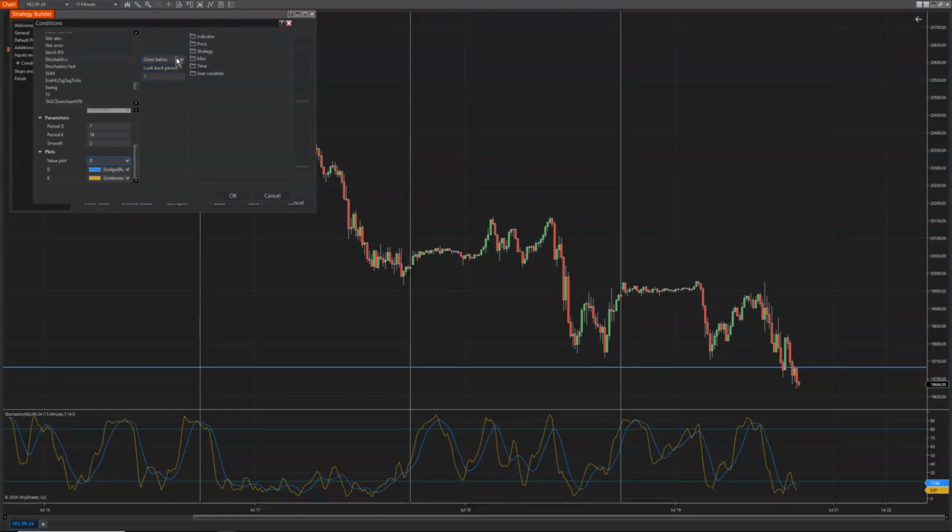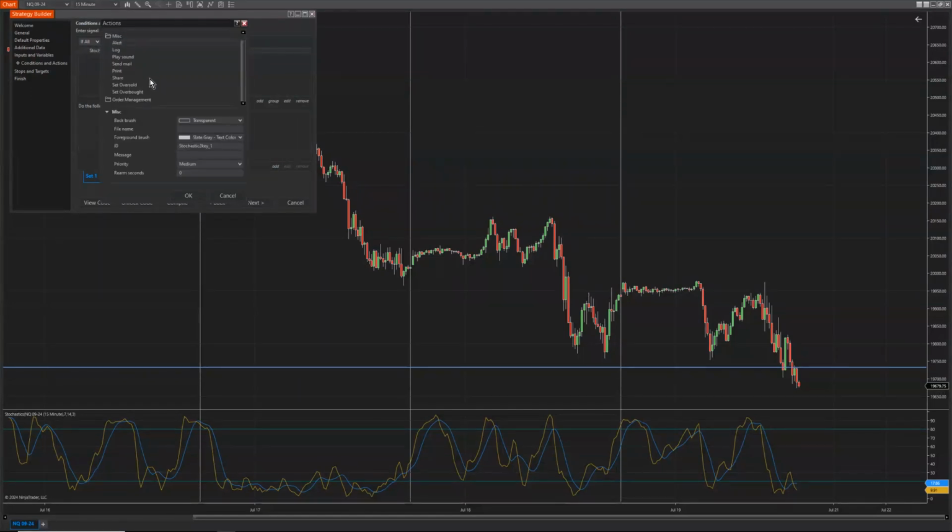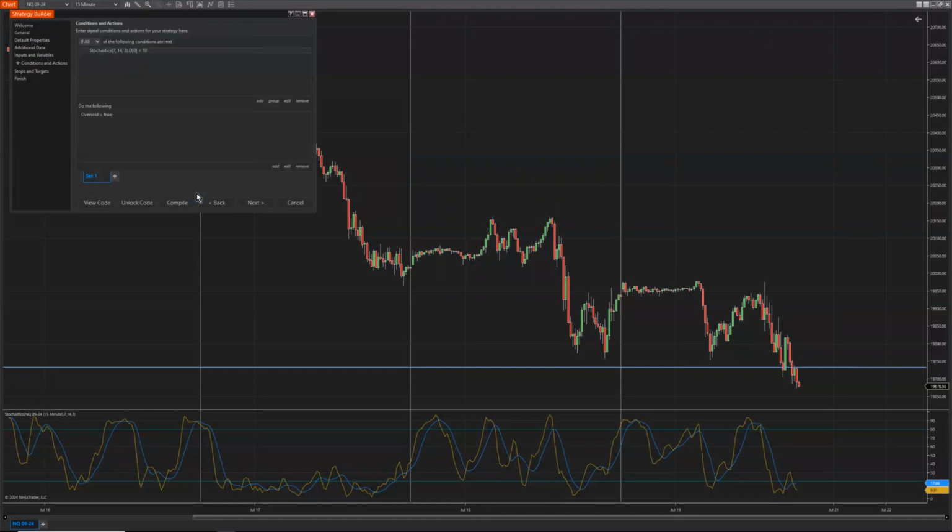We want D to be less than a value, so we're going to go miscellaneous numeric value. We want that to be less than 10. And when that is, we're going to assign our set oversold to true. So that's our first key.